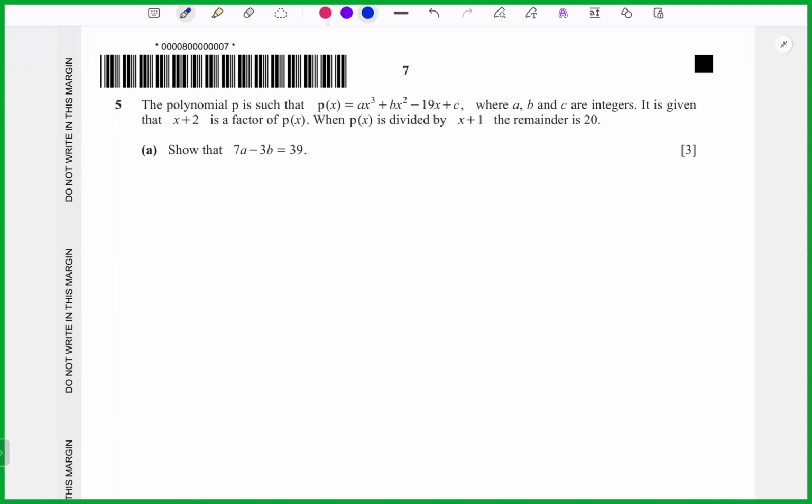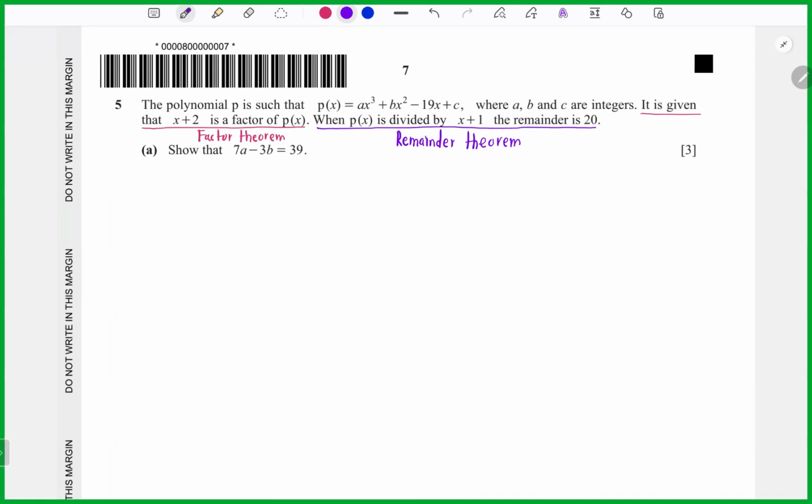For this sentence, you should apply the factor theorem. For the last sentence, you need to apply the remainder theorem. Now we go to question A first.